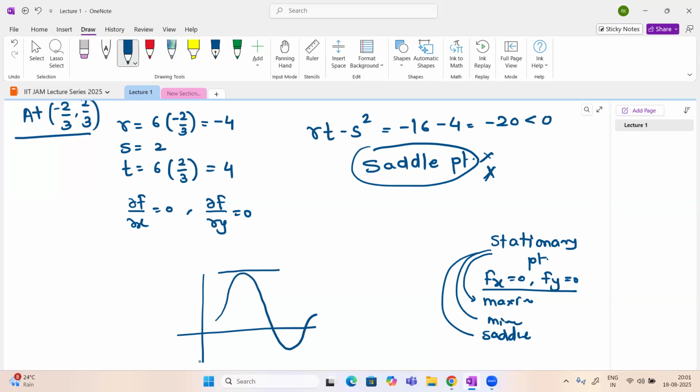I'm talking about a function from R to R, right? Here we are getting maxima, here we are getting minima, but at some points you will have neither minima nor maxima. Then we call it a saddle point. That means it is basically a stationary point, but neither minima nor maxima.